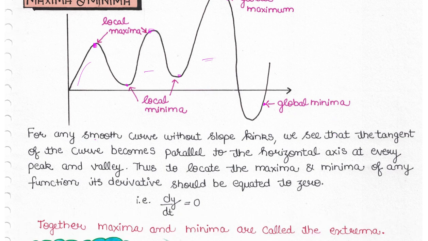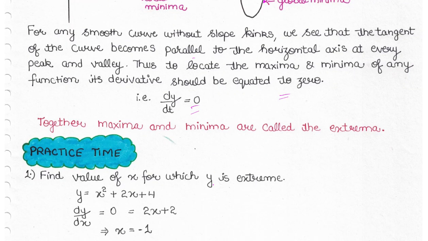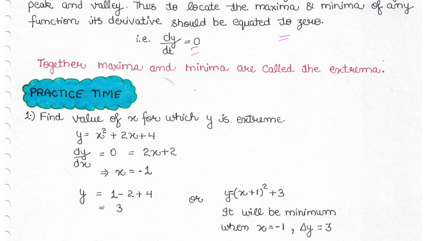So we can say for any smooth curve without sharp corners, the tangent of the curve becomes parallel to the horizontal axis at every peak and valley. Thus to locate the maxima and minima of any function, its derivative should be equated to 0. So at point of maxima or minima, we can write dy/dt is equal to 0, or its first derivative should be 0. Together maxima and minima are called the extrema.